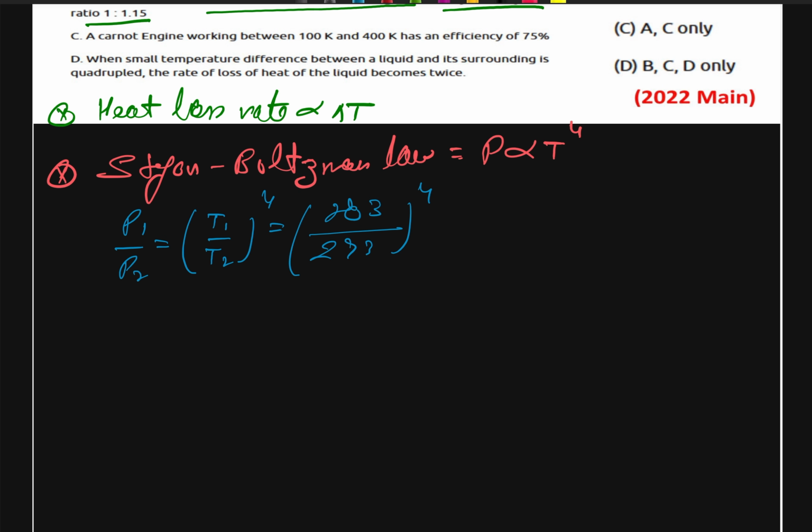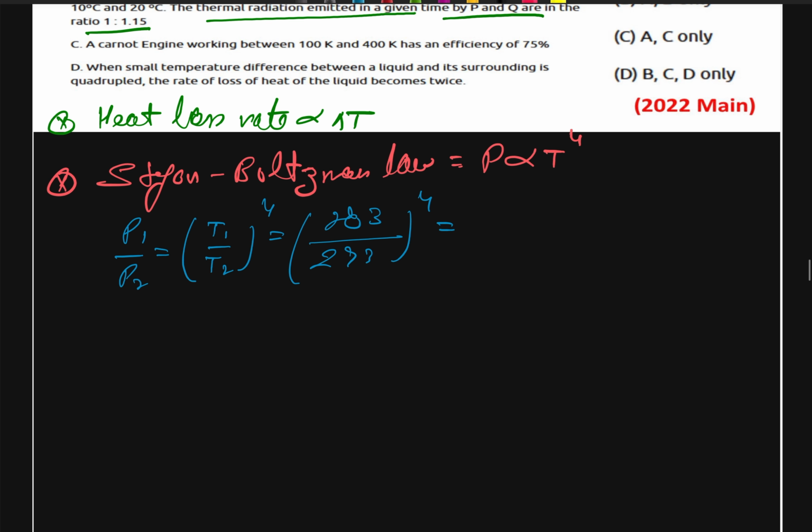This is correct. I divided the entire terms. We have to find out the ratio. So therefore we can write this as equal to 1 upon 293 divided by 283 raised to 4.